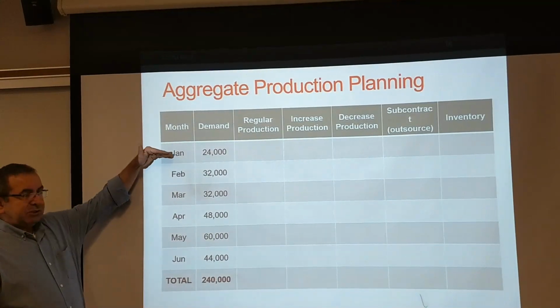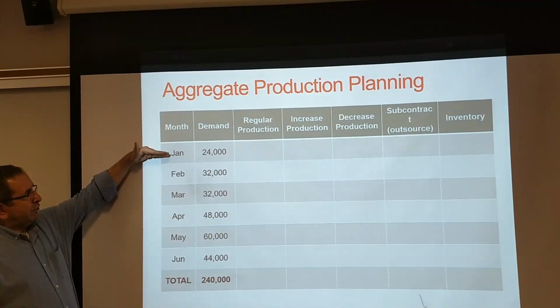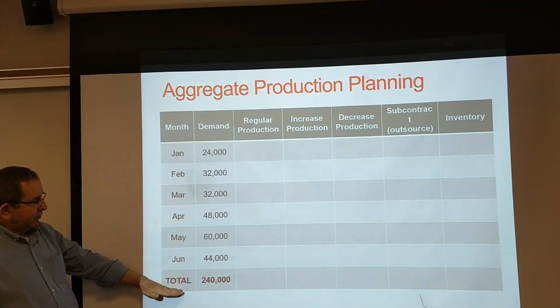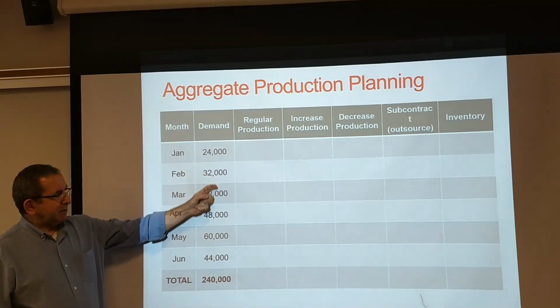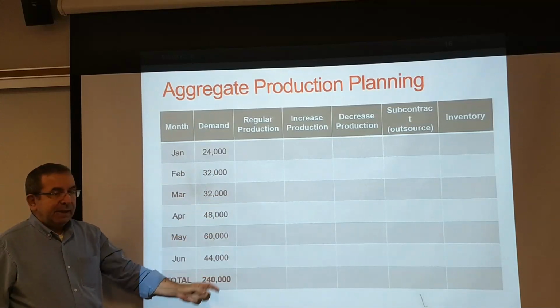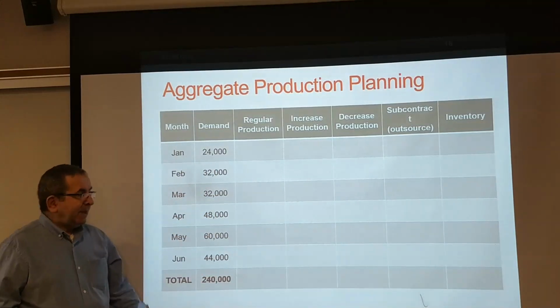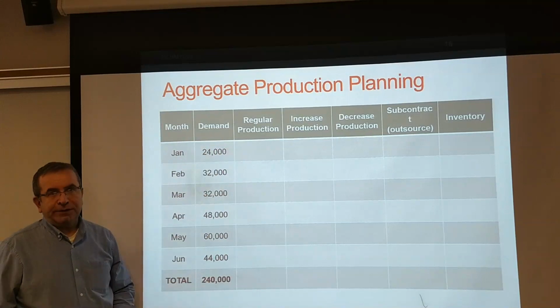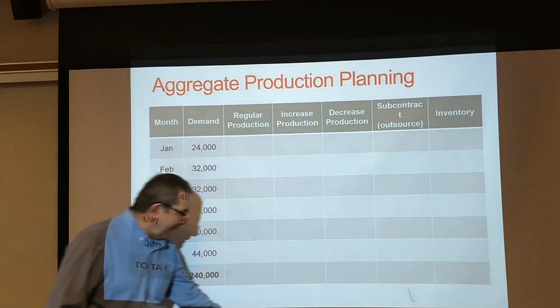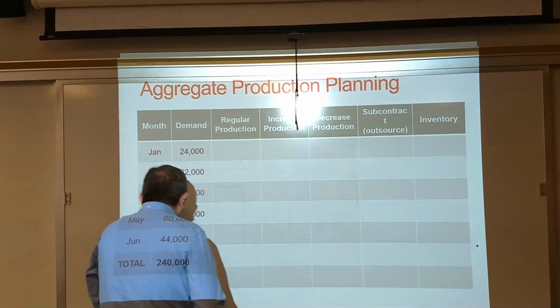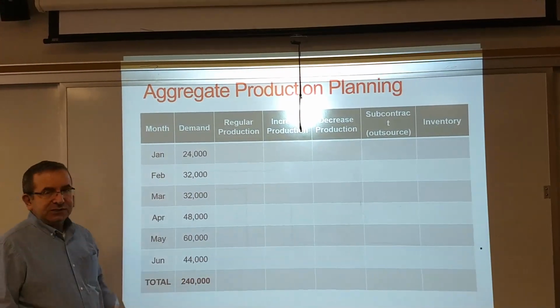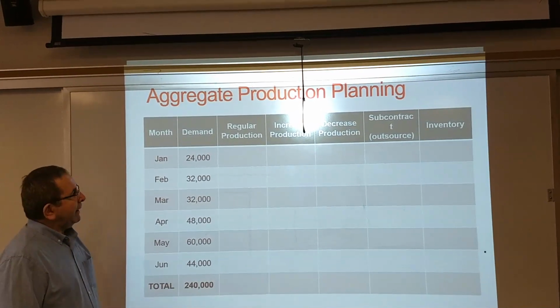So let's say these are the months of January, February, March, April, all the way to June. And these are the forecasts, okay? Now, where do the forecasts come from? These come from sales and operations plan, okay? So marketing and operations have both agreed on these numbers, okay?